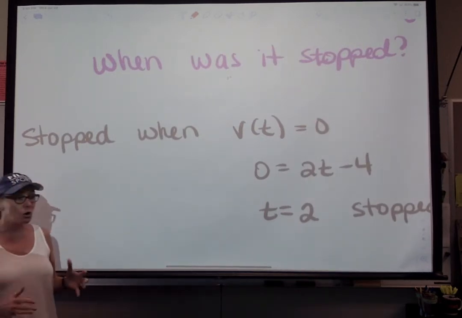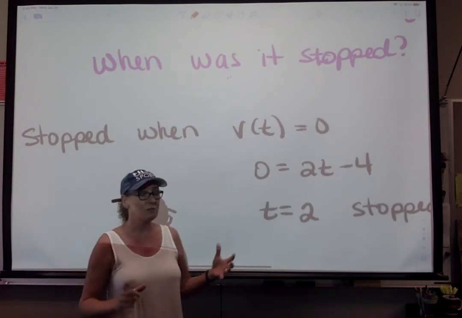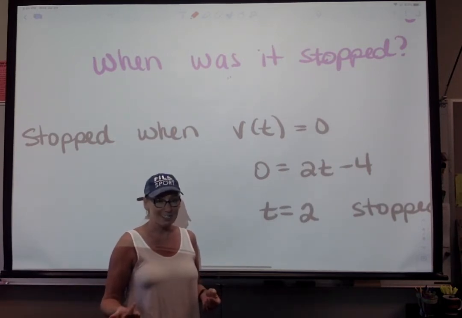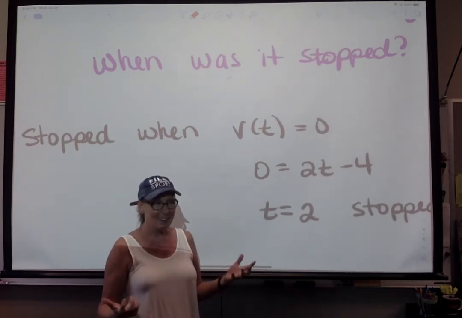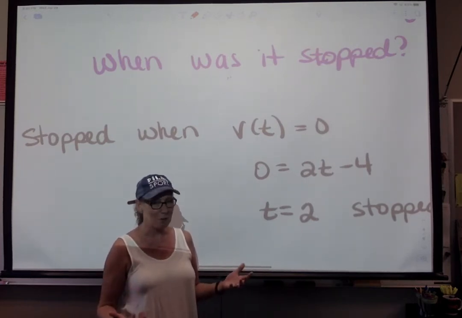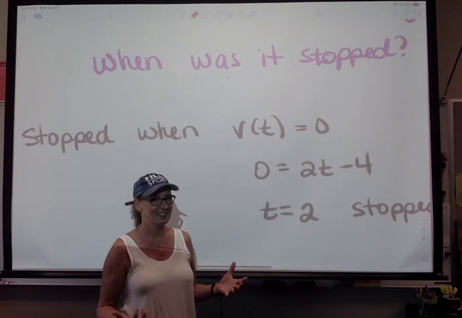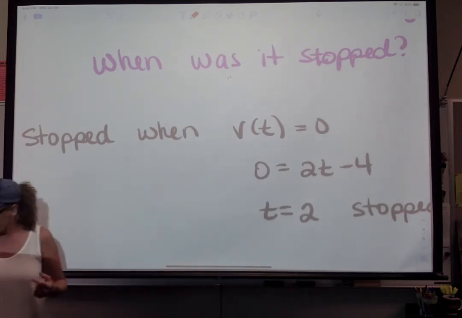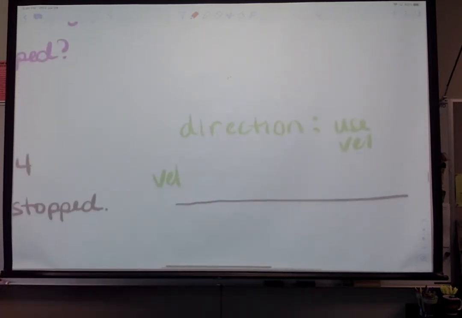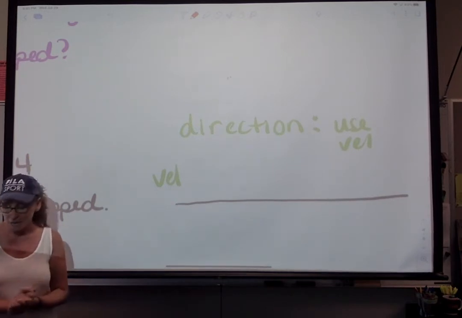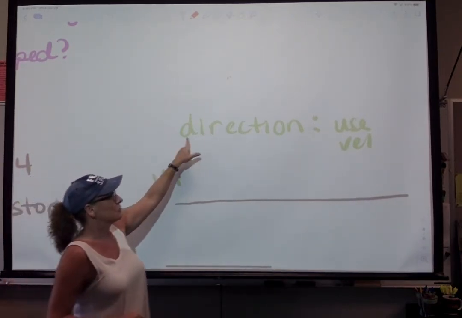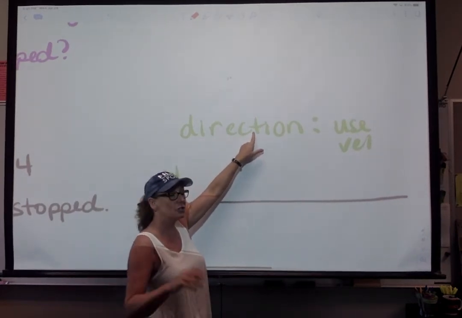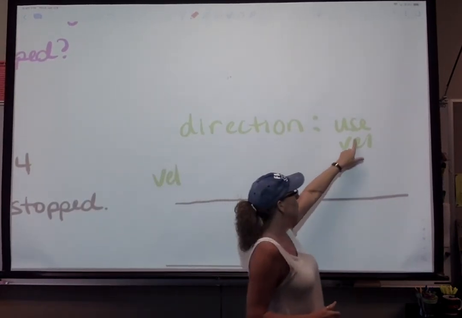Now, that's the only time it was stopped. If you changed from going left to going right, you have to stop in order to change direction. So at t equals 2, here's what I'm going to introduce to you today. This is called a sign chart. I would like to look at the direction of the particle, and to look at direction, left versus right, we're going to use velocity.